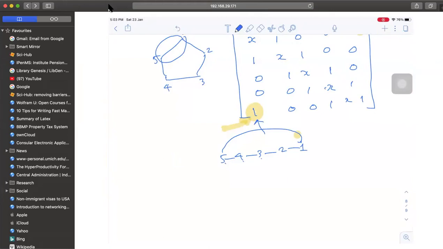Okay, I hope we can see the screen. Yes, sir. Okay, sorry about that.